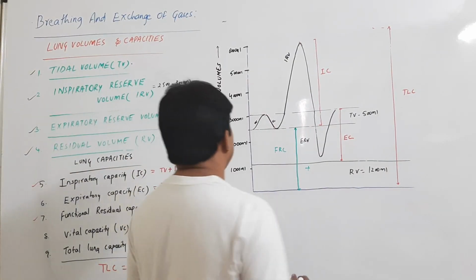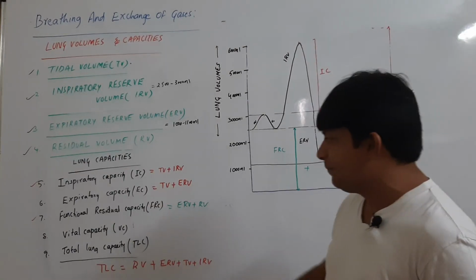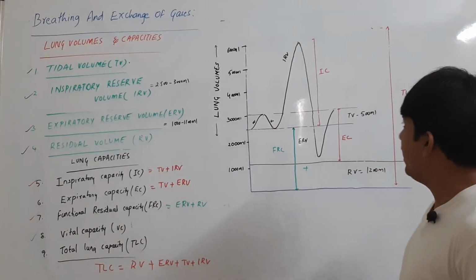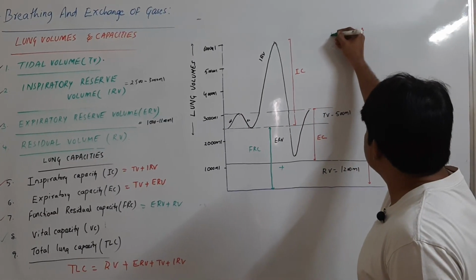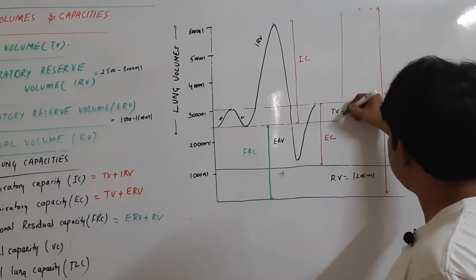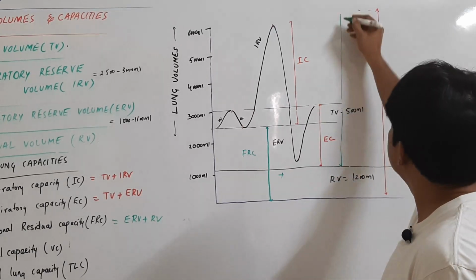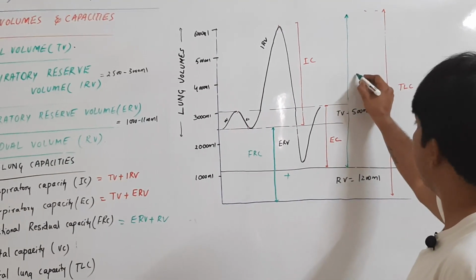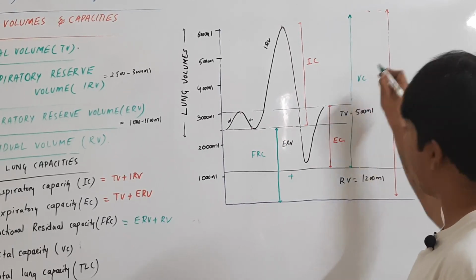Next, the last one, the volume of the air that is involved in exchange. The volume of the air which is involved in exchange, which is vital for our activities, is called vital capacity.